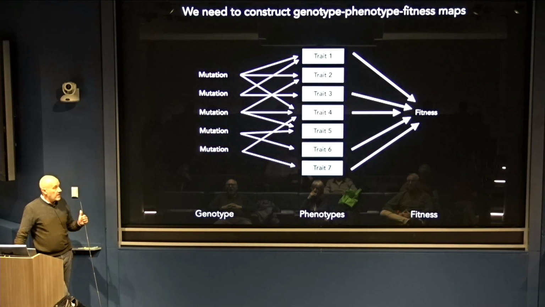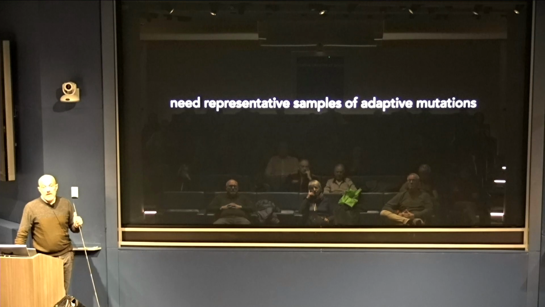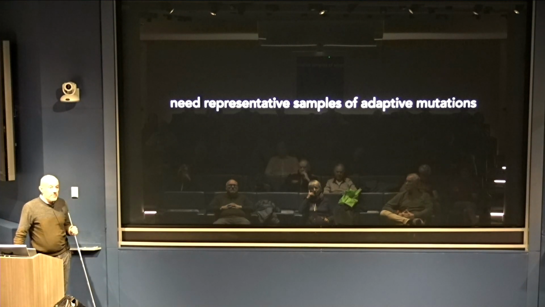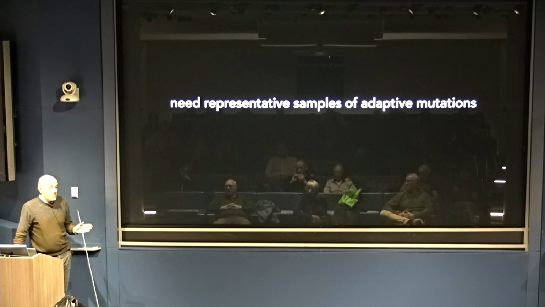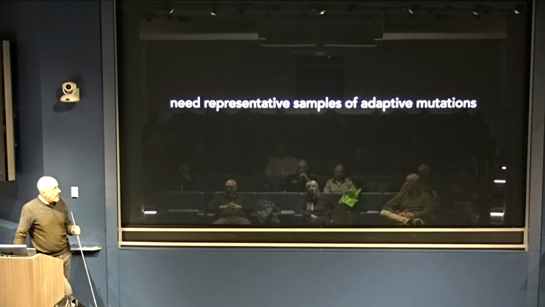And we need to build this genotype-phenotype map, and hopefully we do it for a very large unbiased sample of mutations. Unfortunately, so far, the study of adaptation has been really limited by numbers and by classic textbook examples, but we expect them to be biased in some way. We don't know how to generalize from them. So we need to have representative samples of adaptive mutations.